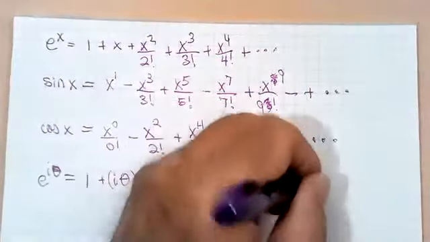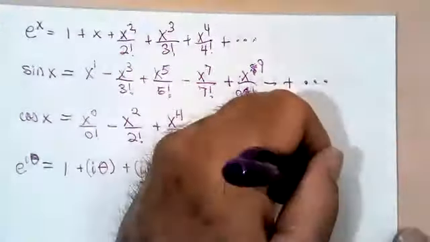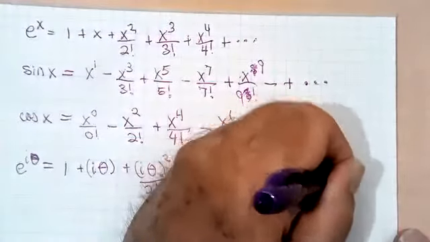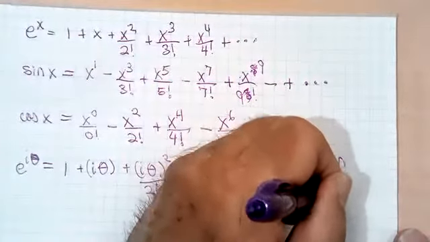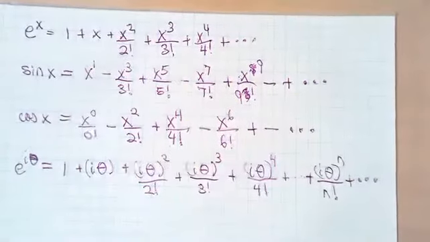And it's going to keep going like this. The general term looks like (i theta) to the nth power divided by n factorial, but that is not the end. It keeps going forever.